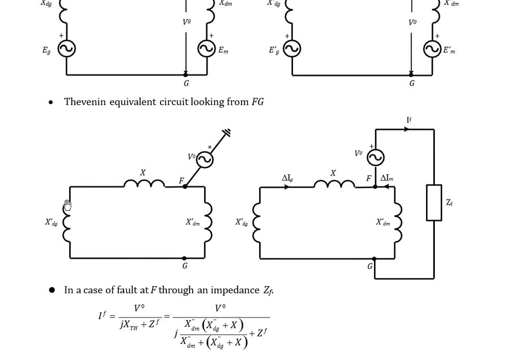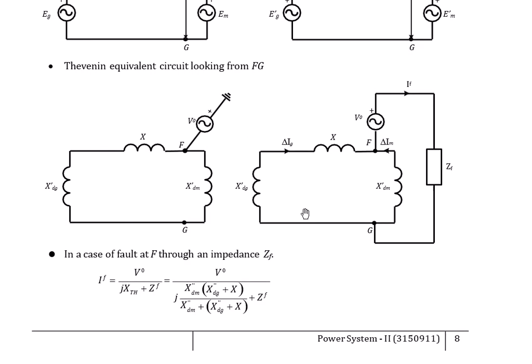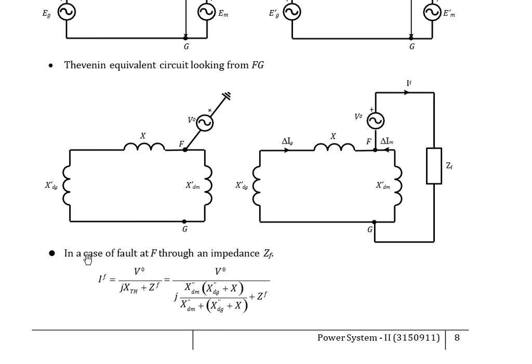So we short circuit the source and the circuit will look like this. In case the fault occurs through the impedance ZF, then this circuit will work. So IF will be V naught divided by jXTH plus ZF, according to the circuit, and we put in the value of ZTH.